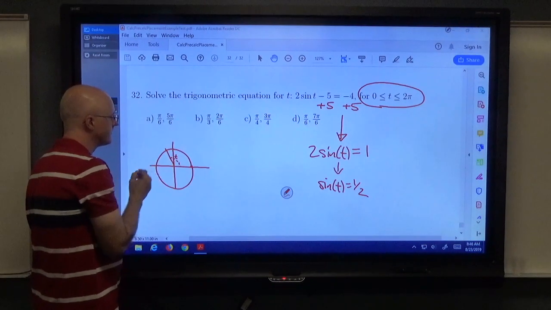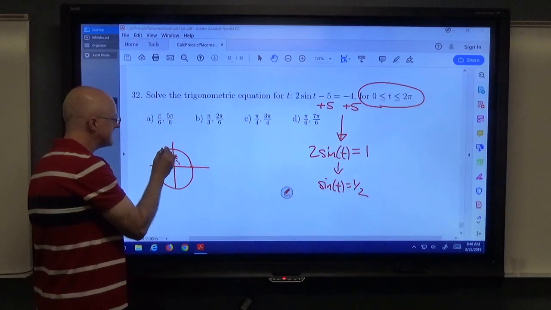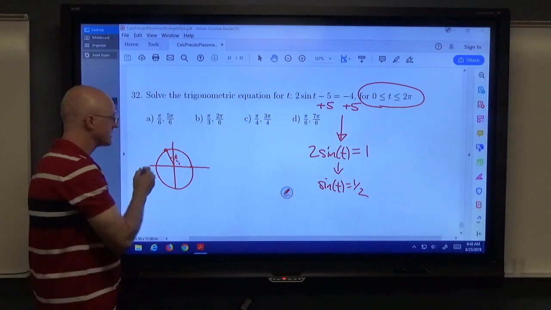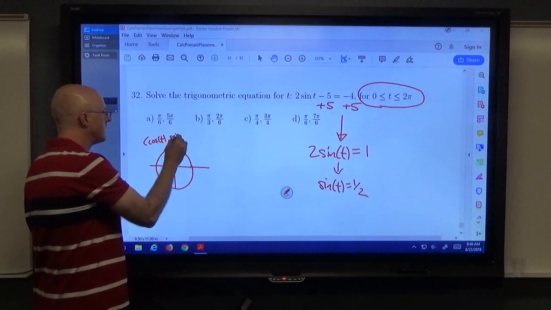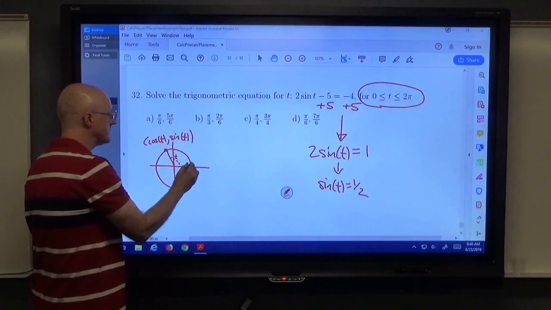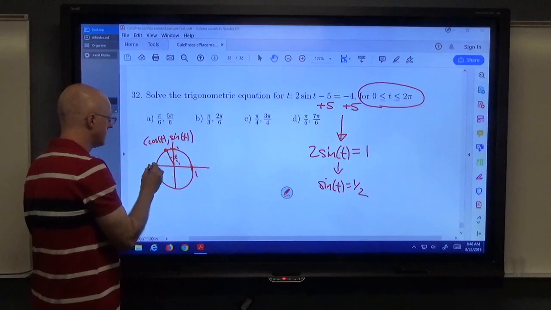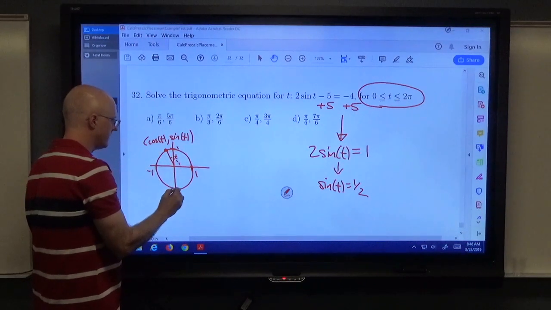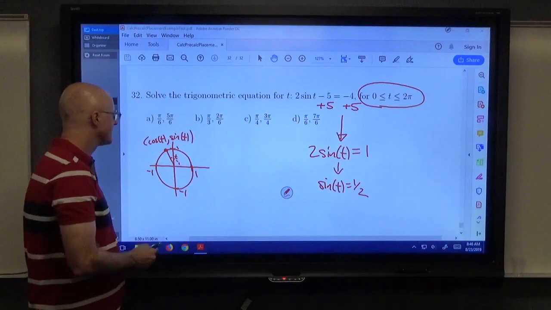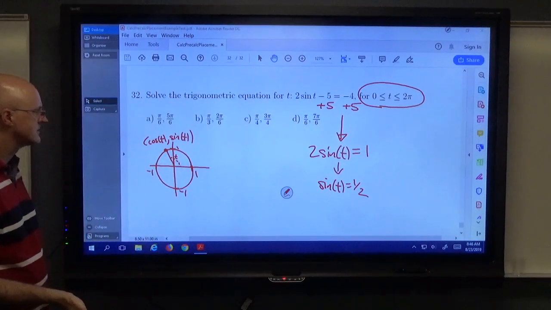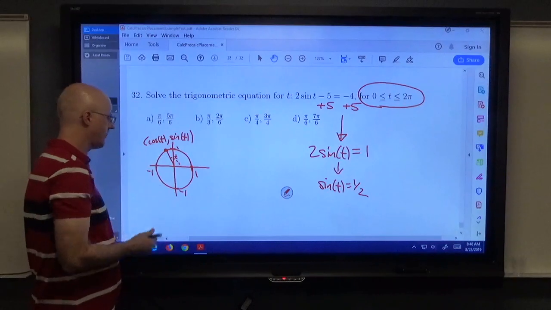This is t. Then the second coordinate of that is sine t. The first coordinate is cosine t. This is the unit circle, radius of 1. So we're after an angle in radians where the second coordinate of that point is 1/2.